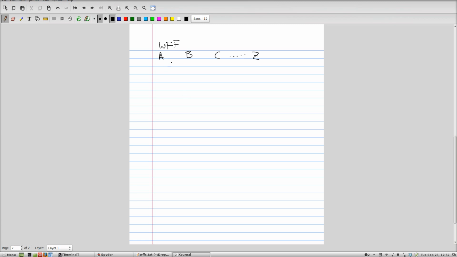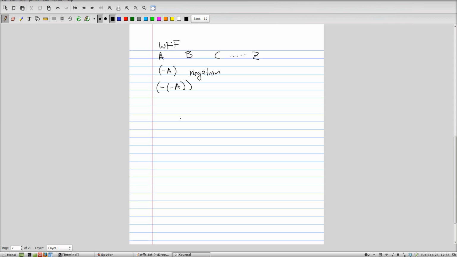Now, from these primitives you can make more, and we've sort of informally done that. From any primitive you can form its negation. And so this is a well-formed formula, and well-formed formulas have a recursive structure. So if you have a well-formed formula like this, you can always make another well-formed formula out of it.